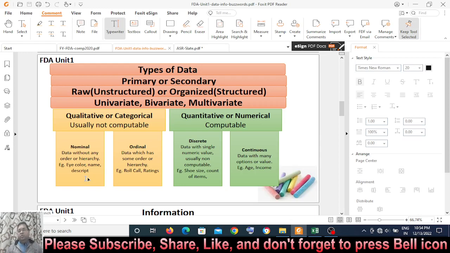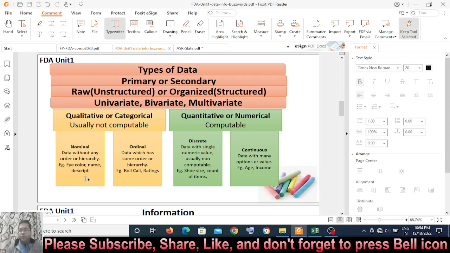Basically, data is of two types: qualitative, meaning descriptive or categorical, and quantitative, meaning numerical or computable.